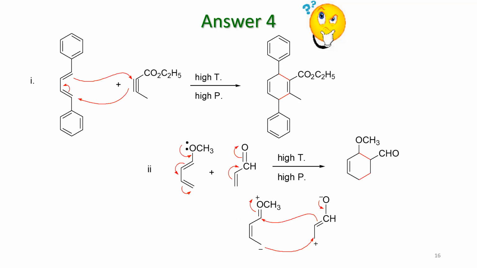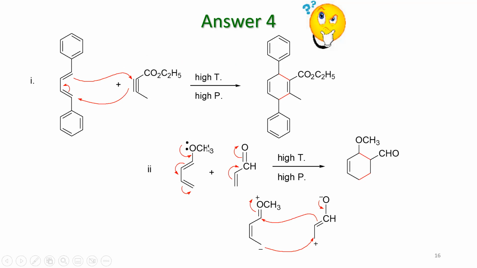Many examples are there. You just have to move electrons like this, or even the other way around. It doesn't matter. You put the arrow from this end to this end, that is okay. Then the other arrow should be here, and the third arrow should be from here to this carbon atom. So you will get two newly created bonds and a substituent here, right?